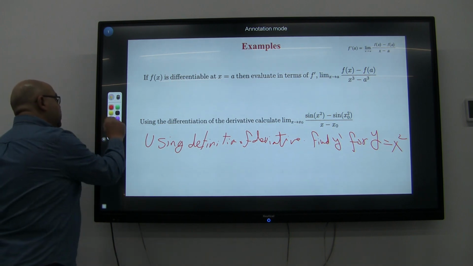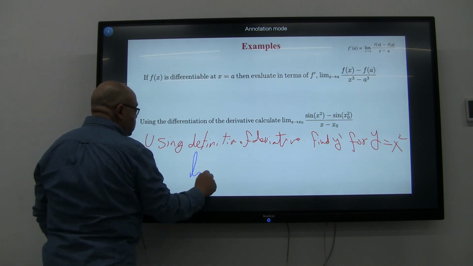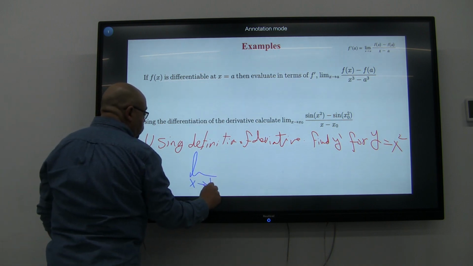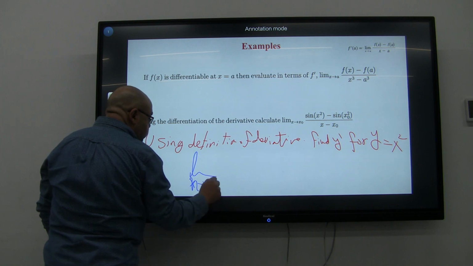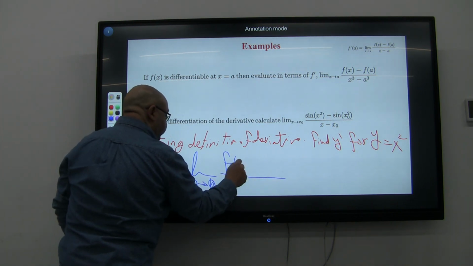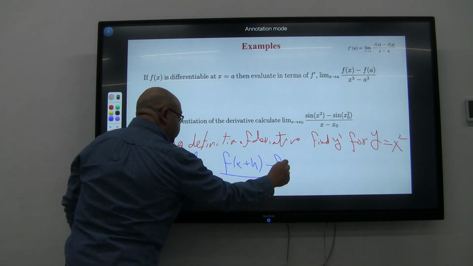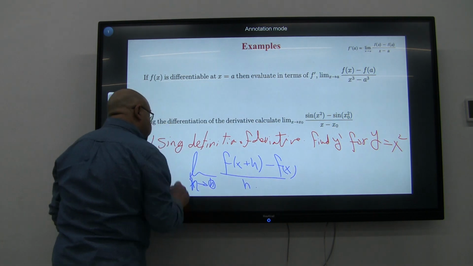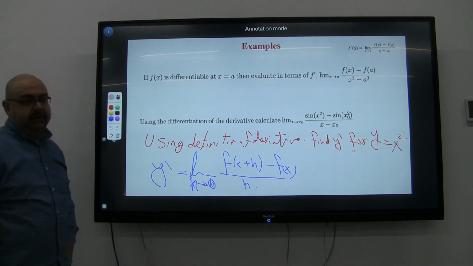In this case, he is testing you about this law: limit as h tends to 0 of f of x plus h minus f of x divided by h. That is y dash using the definition.